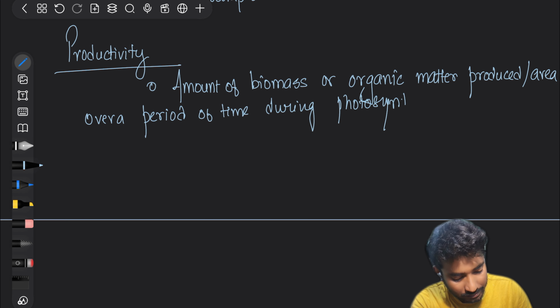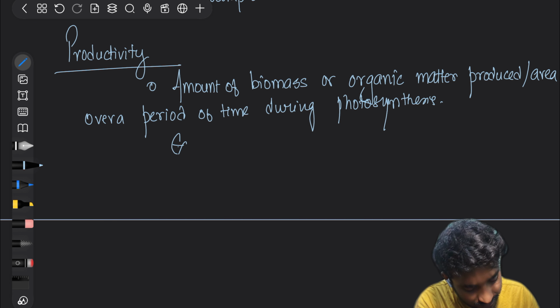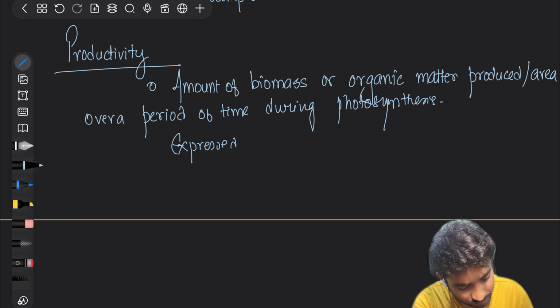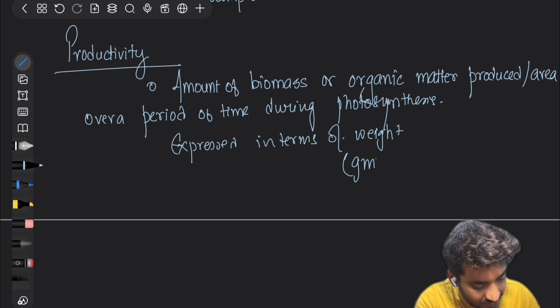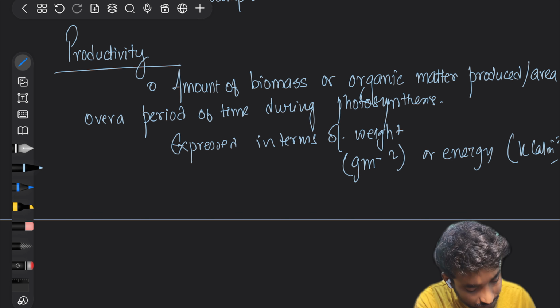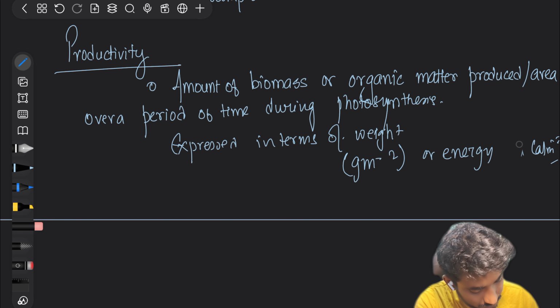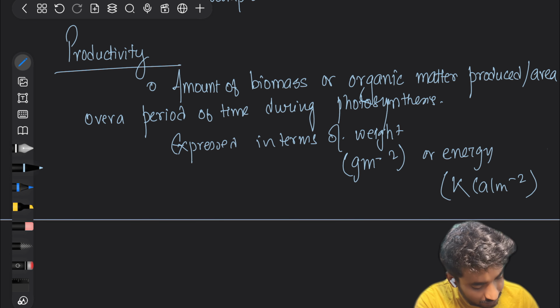This can come in the MCQ. Its unit is expressed in terms of weight, in gram per meter square, or energy, in kilocalorie per meter square.